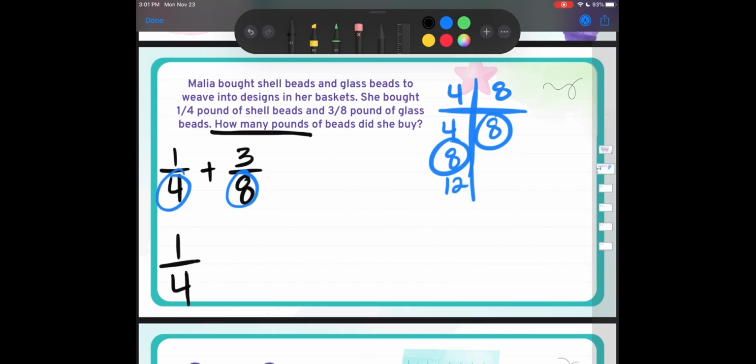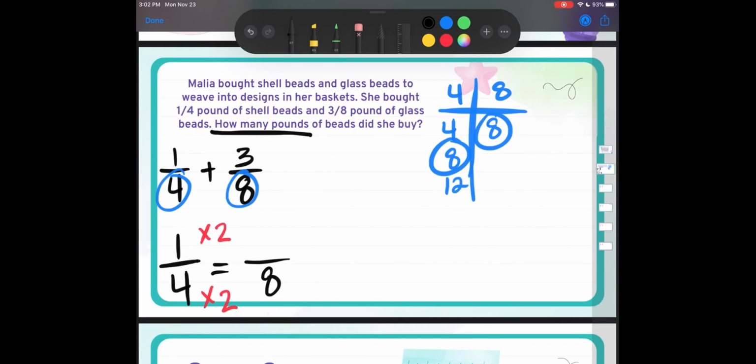So we're going to turn both 1/4 and 3/8 into 8ths. Let's look at 1/4. We're going to turn it into 8ths. This is where equivalent fractions come into play. In order to turn 4 into 8, I know that I have to multiply by 2.